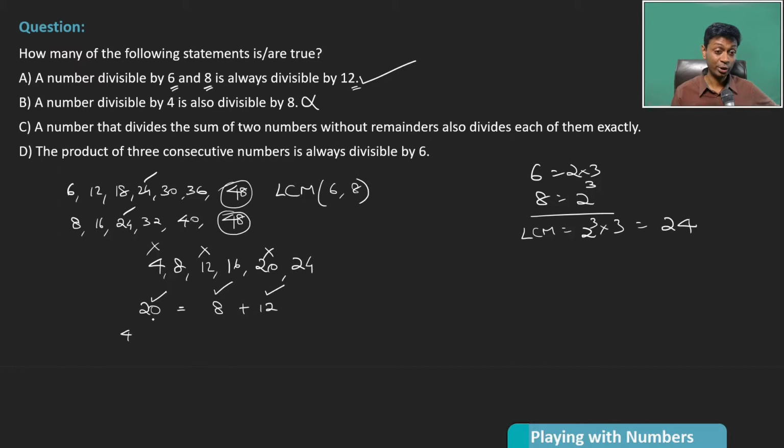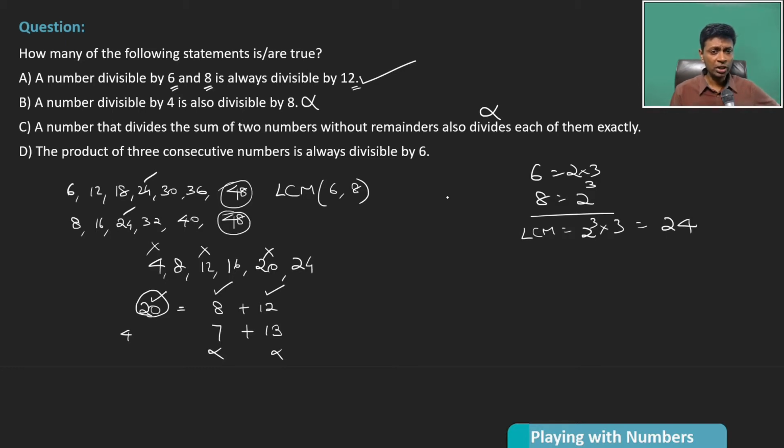Think about it. 20 can also be written as 7 and 13. 20 is divisible by 4, but 7 and 13 are not. A number that divides the sum of two numbers without remainder need not divide each of them exactly. Sometimes it is true, but not always.